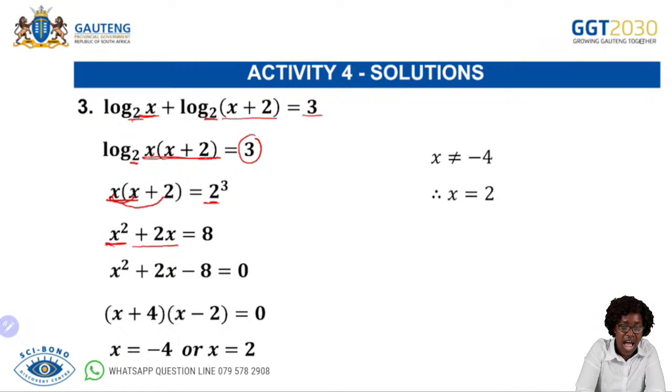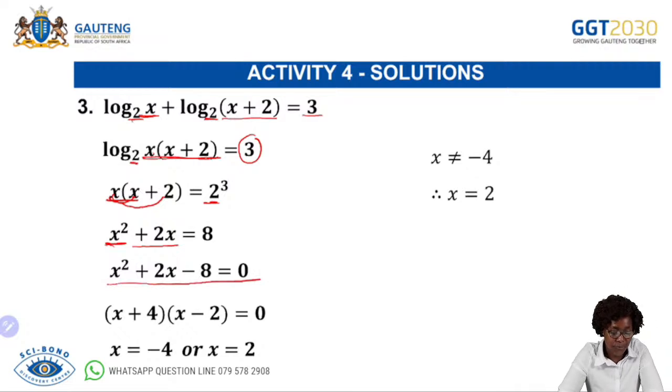And then, after I have done this, because it's a quadratic equation, I make sure that I bring all terms to one side. So this becomes x squared plus 2x minus 8 equal to 0. Again, like I indicated, you use the method that you're comfortable with, either using the quadratic formula or you can also use factorization.